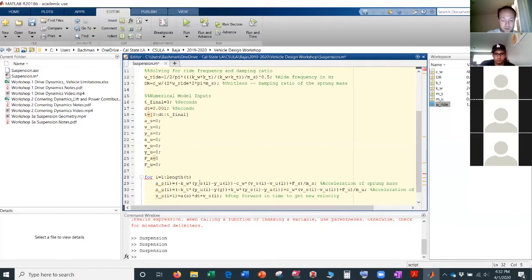And then the velocity of the unsprung mass at i plus 1 is going to be equal to the acceleration of the unsprung mass at this time times dt plus the old velocity of the unsprung mass at this time.